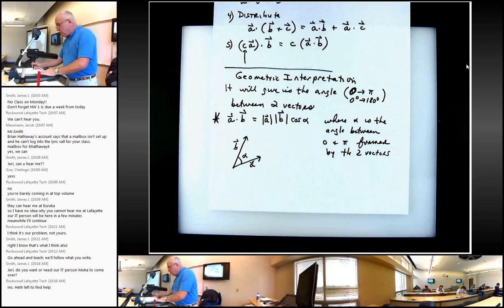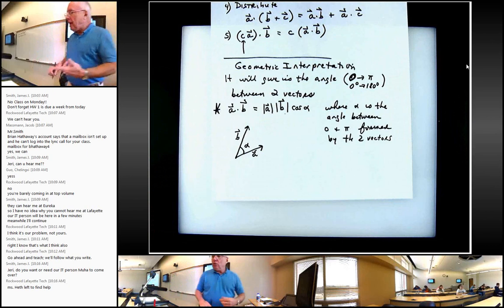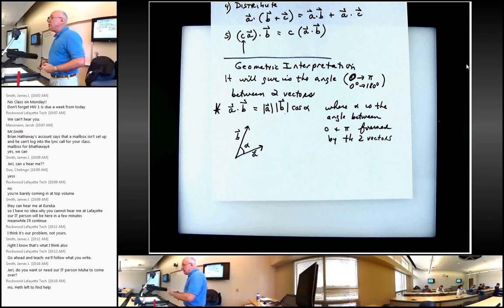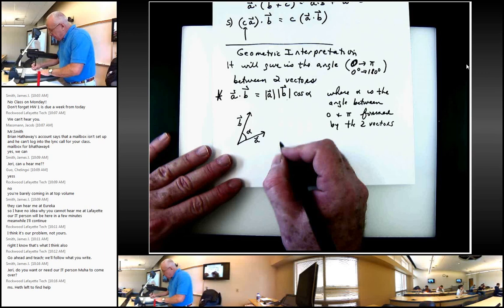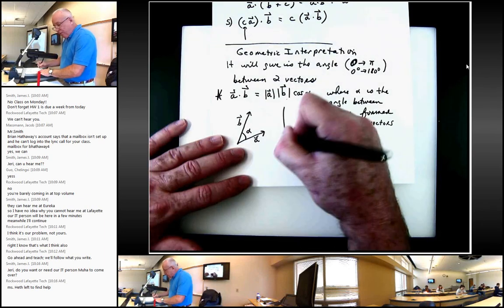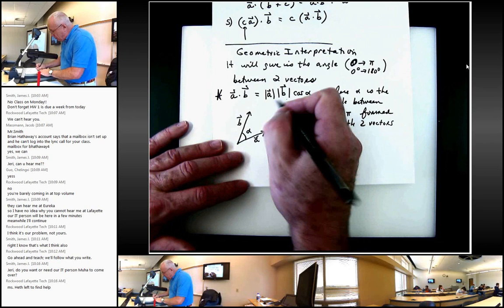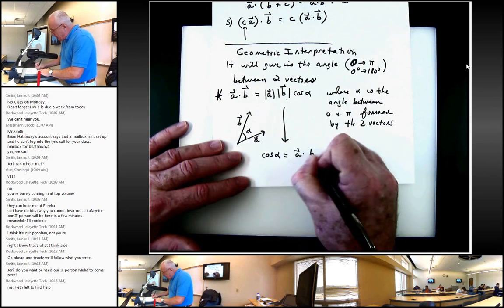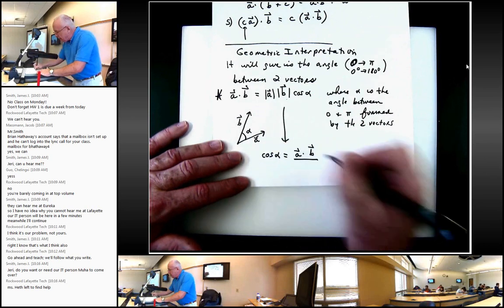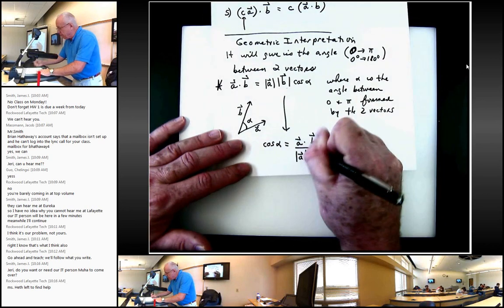So what we can do with this formula is a little algebra to isolate the cosine of the angle on one side. When I divide both sides by the magnitudes, I get that the cosine of this angle is equal to the dot product of the vectors divided by the magnitude of A times the magnitude of B. All right?